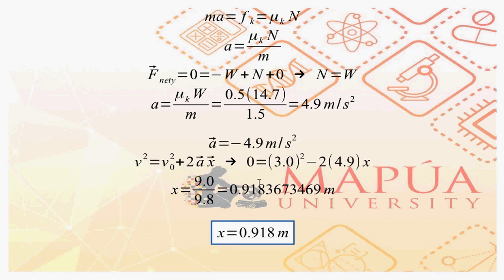We know v naught, 3. We know a, we just calculated a, negative 4.9. We don't know x, so variable x. The only unknown is x. We are able to calculate x to be 0.918 meters.